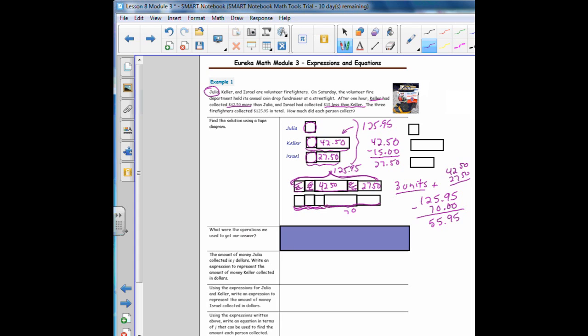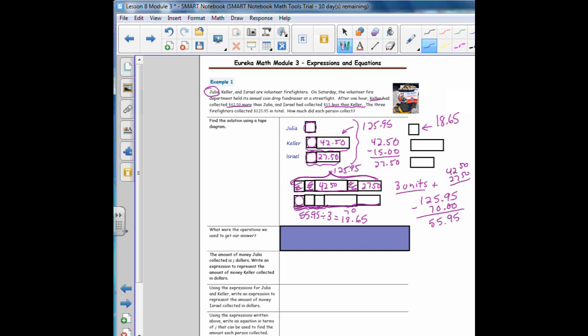Then that $55.95 can be split evenly between these 3 units, and that will tell us how much one of these units is worth. So $55.95 divided by 3 is equal to $18.65. So 1 unit is equal to $18.65.